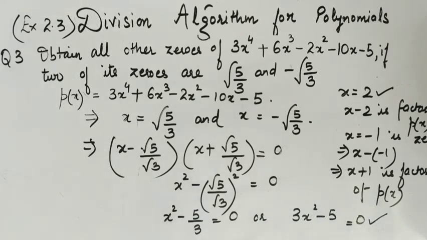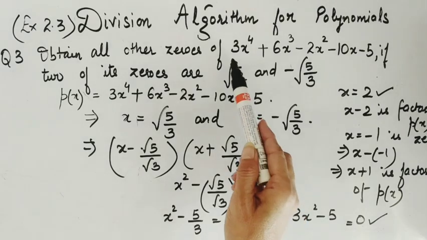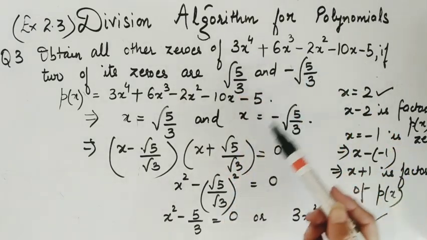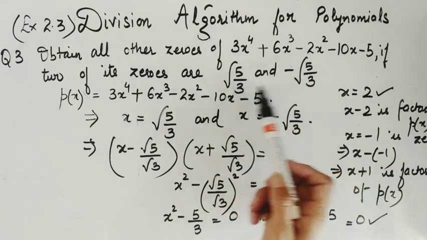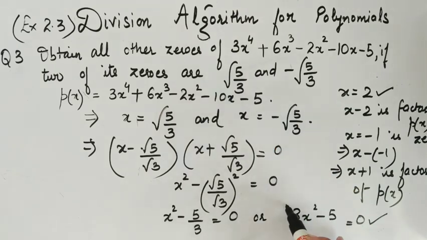From here we know that this would be p of x, and g of x is obtained from these two zeros, and this is our g of x. Now next what we have to do? We would divide this polynomial by g of x, which is 3x square minus 5, and on division whatever is obtained in the quotient will give you 2 more zeros.